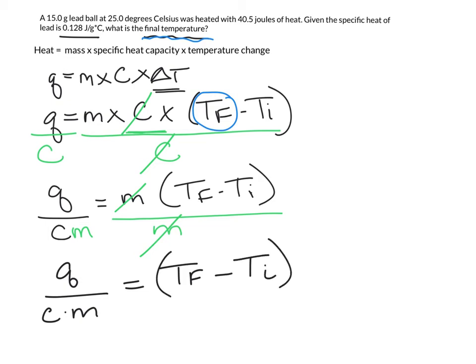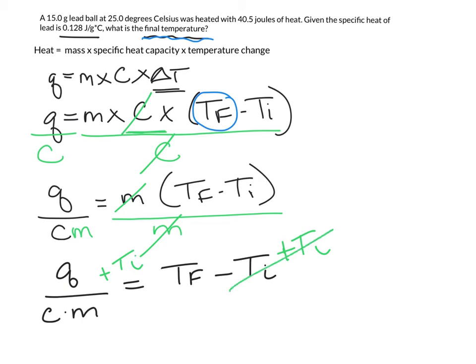I can actually get rid of those brackets now, and the last thing I need to do is remove my initial temperature. So in order to do that, if I'm subtracting my initial temperature here, to move it to the other side, I'm actually going to add initial temperature to both sides.